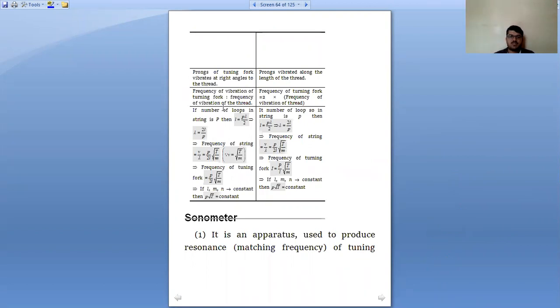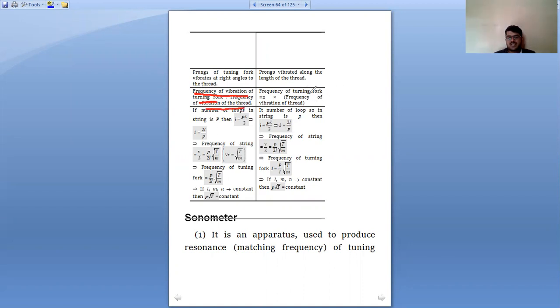And the frequency of vibration of the tuning fork is equal to the frequency of vibration of the thread.